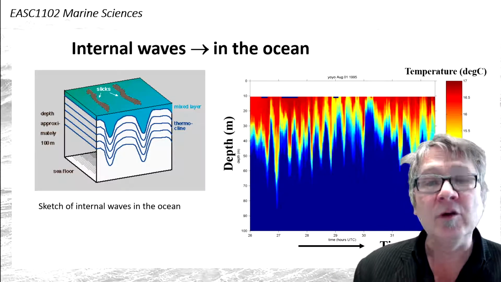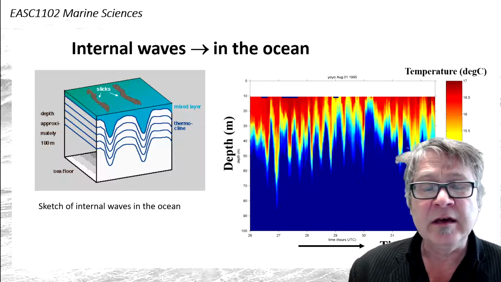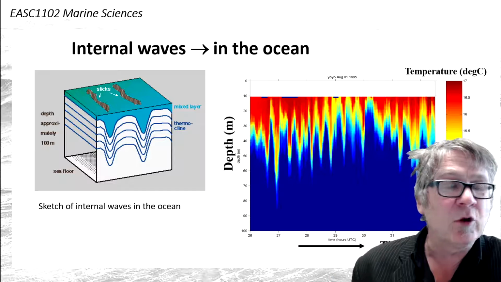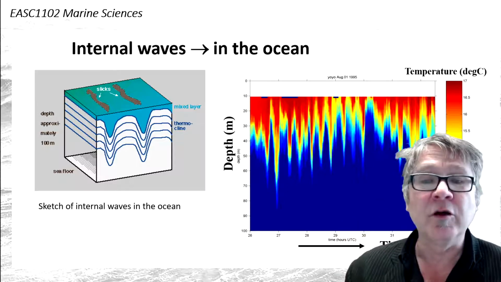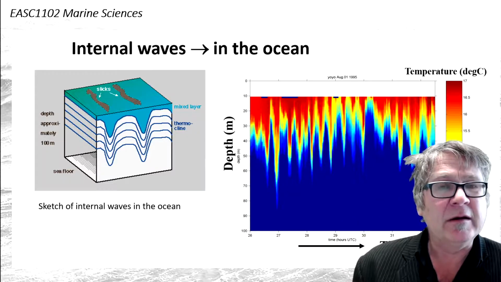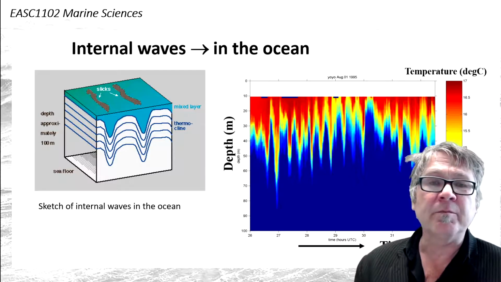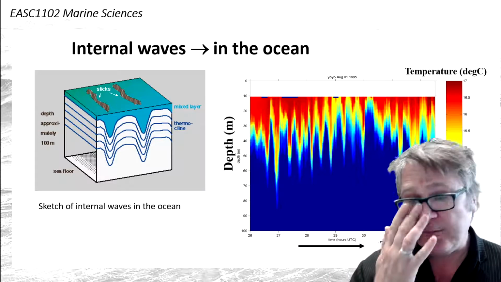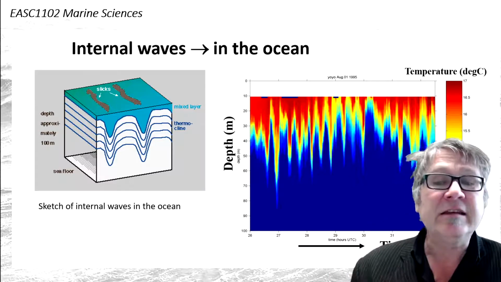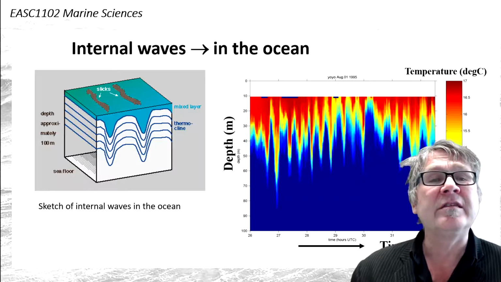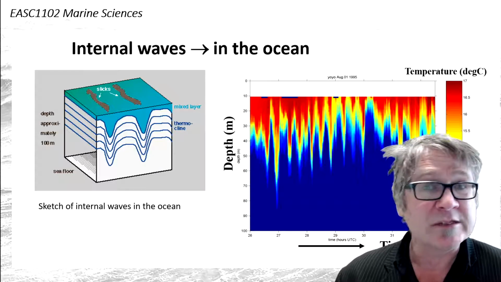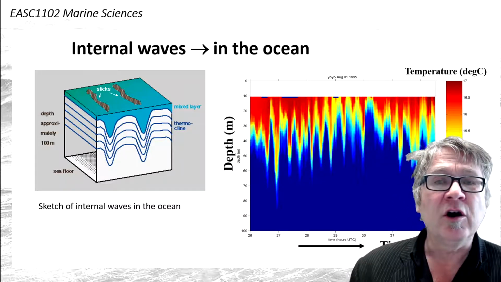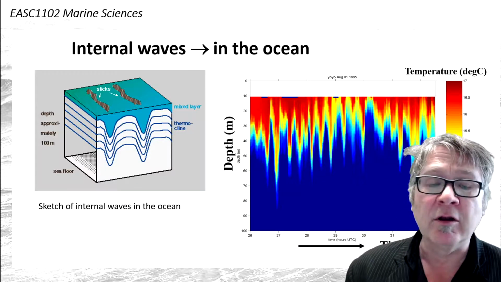The sea surface is also an interface between seawater, which has a high density, and the atmosphere, the air, which has a low density. So very similar to surface waves, but also different. I tell you the key differences. The key differences are that the periods are much slower, of the order of 10 minutes or longer.